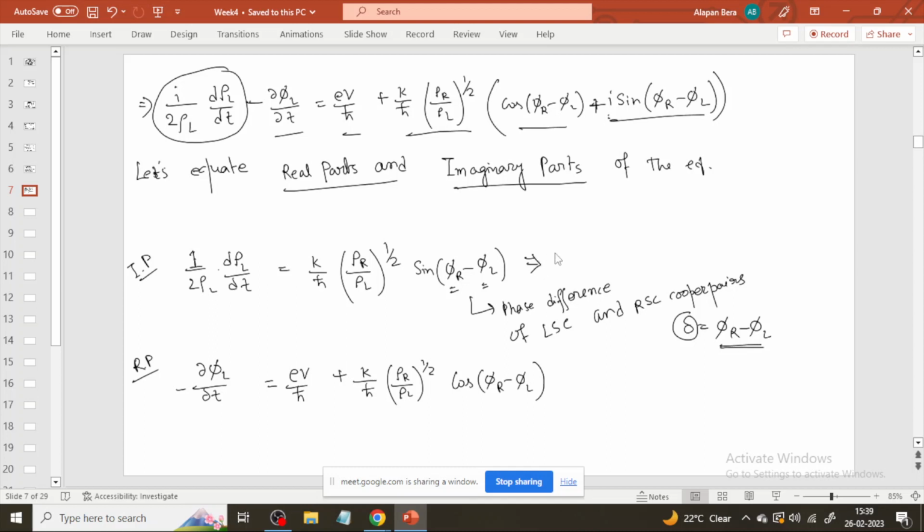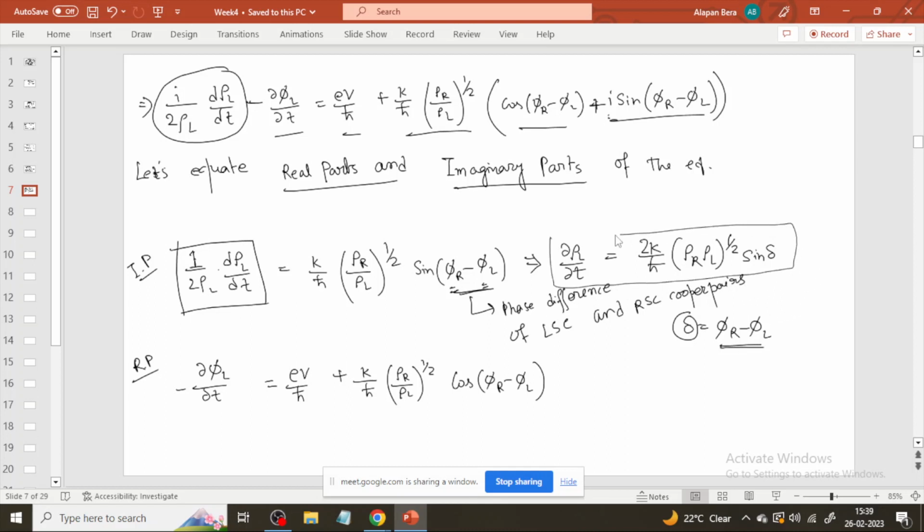So you can now write this as d rho L by dt is equal to 2k by h bar, so this 2 goes here, into root rho L rho R, into sine delta. So del of rho L by dt is equal to this term, and from here we also get this term.